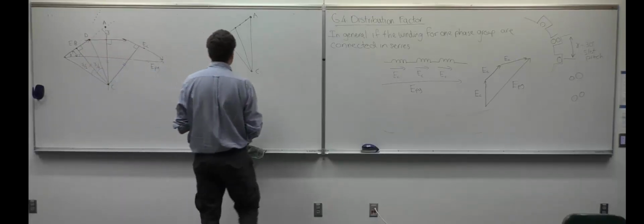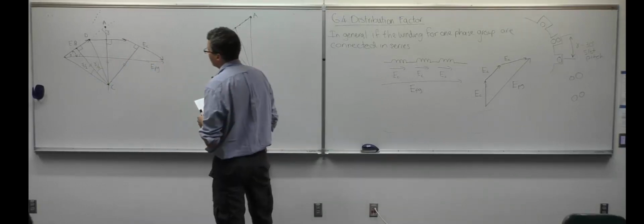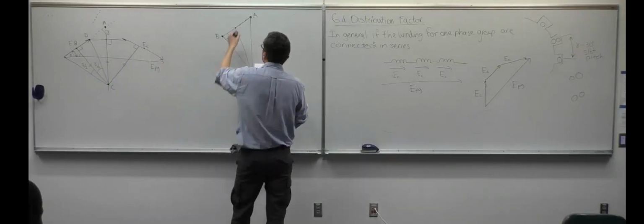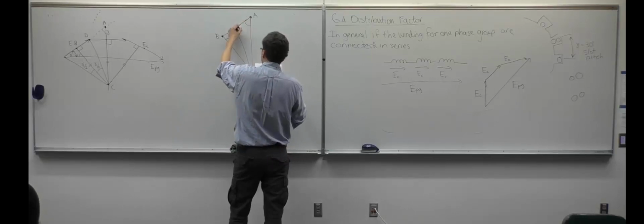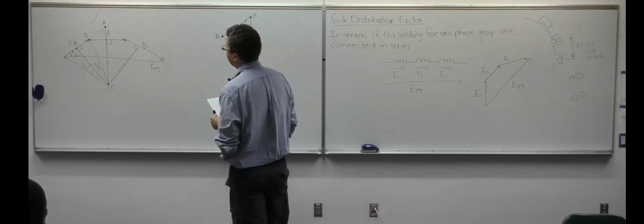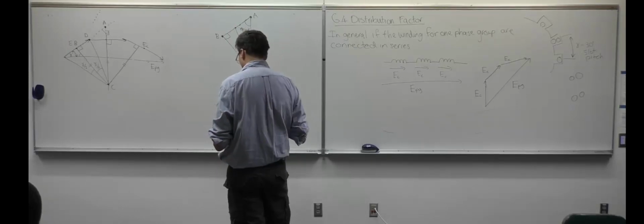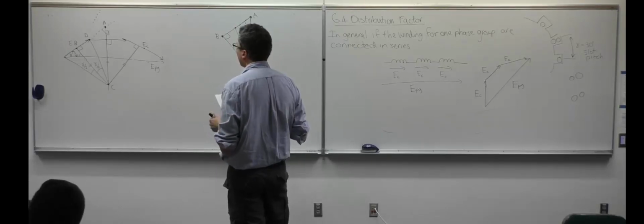So coming back over here, this will be 90. This will be 90 minus alpha, and this is alpha. Is that right?